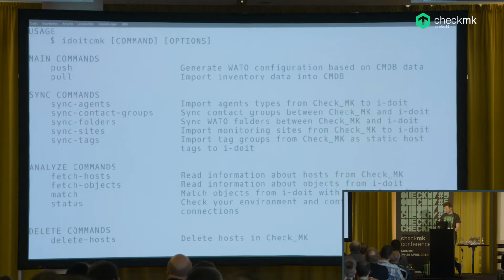I have several options here. For example, I've got two main commands which are push and pull. This is from the view of i-doit. So either I push data from i-doit into Checkmk, or I pull it out of Checkmk to i-doit, and we're going to look at this pulling in a second.